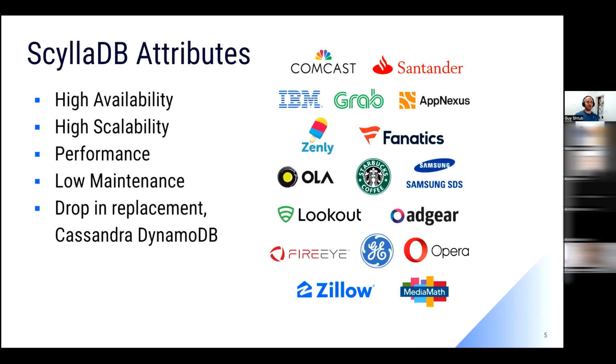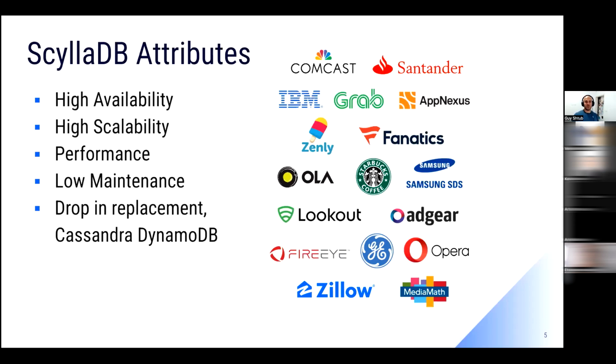So there are a whole bunch of different data models for NoSQL databases. I won't cover the different types, but there are a whole lot of different use cases. So I'm going to be using ScyllaDB as the database to explain the different concepts that I will be talking about. So a few words about ScyllaDB.